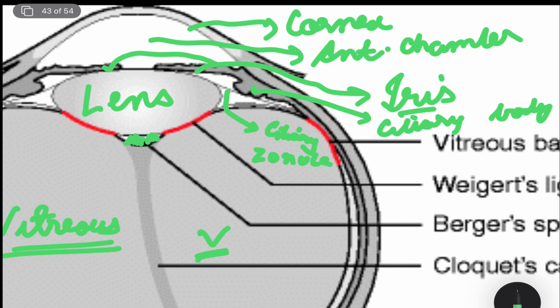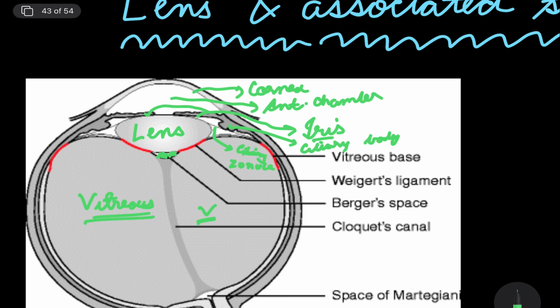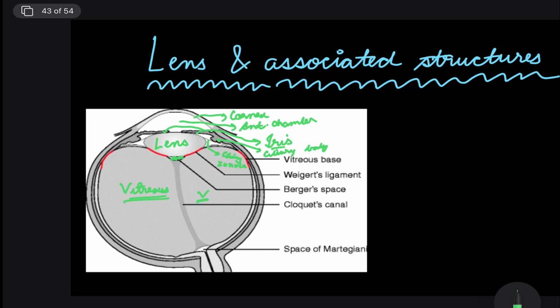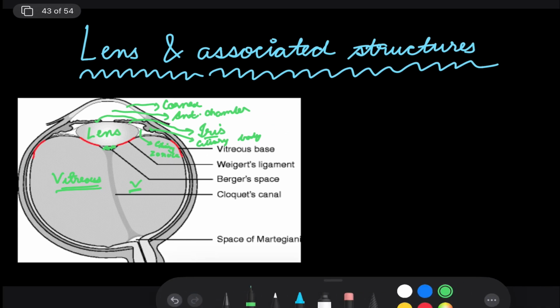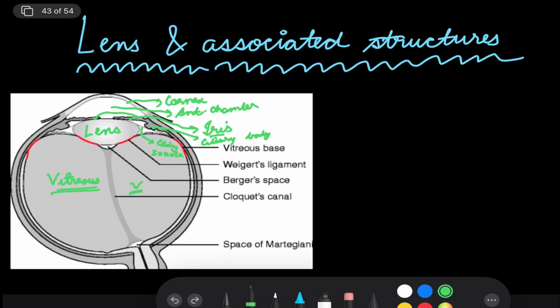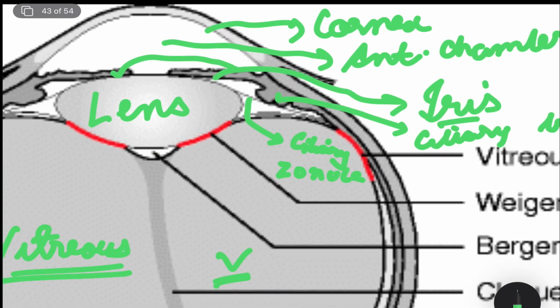This space between the vitreous and the lens. If I can remove it, then I will be able to show it to you again. Okay, now see. Can you see it now?